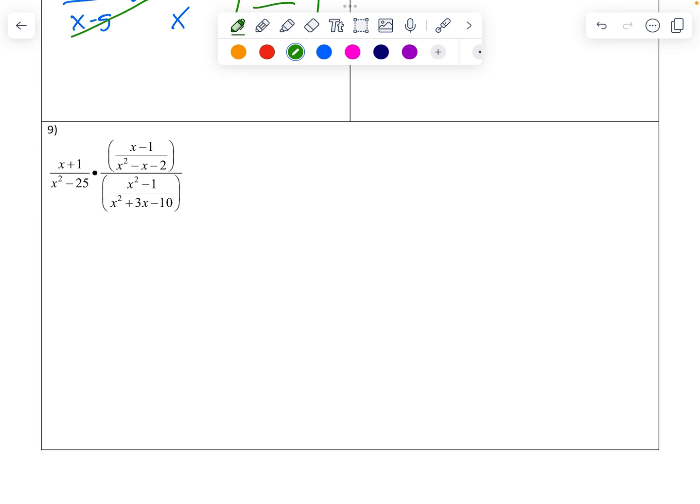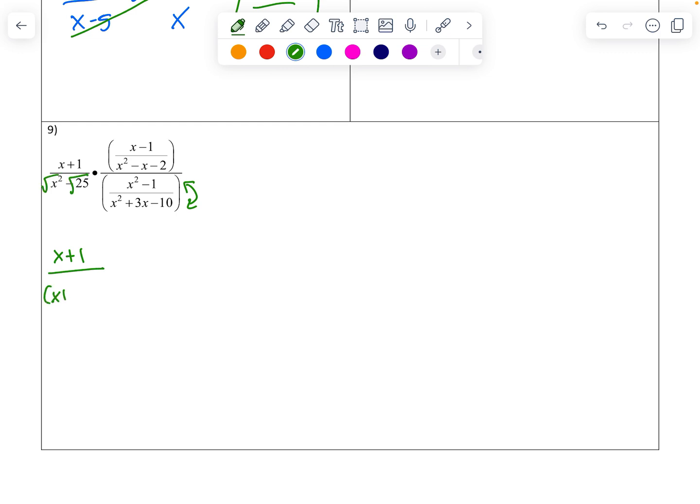All right, number 9. We have a fraction multiplied by 2 fractions being divided. So the fraction on the bottom is going to flip and become multiplying. So as I rewrite it, I'm going to try to factor things. So the x plus 1 stays the same. I can do difference of squares here.